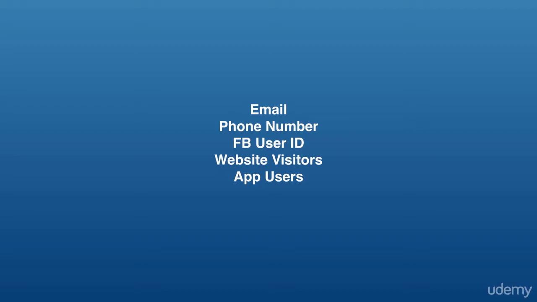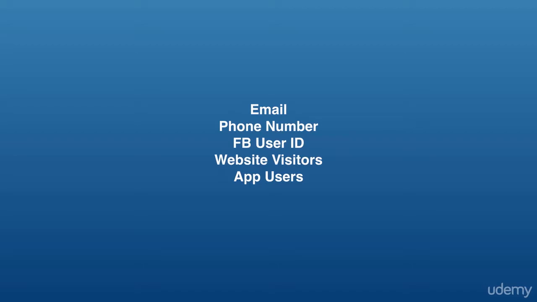Then there are website visitors. This form or subsection of custom audiences is also referred to as retargeting. So if a certain visitor hit your website or just a very specific web page on your website, you can re-engage with him. You can reach out to him the next time he logs into Facebook.